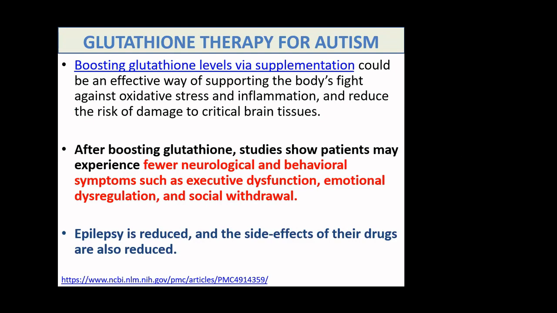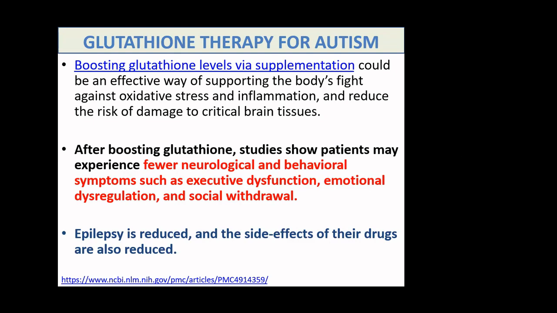From all this, we know that boosting glutathione levels via supplementation could be an effective way of supporting the body's fight against oxidative stress and inflammation and reducing the risk of damage to critical brain tissues. We also know it improves the gut microbiota. After boosting glutathione, studies show patients may experience fewer neurological and behavioral symptoms, such as executive dysfunction, emotional dysregulation, and social withdrawal.